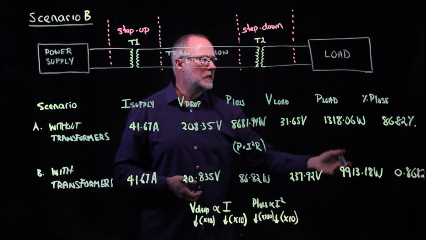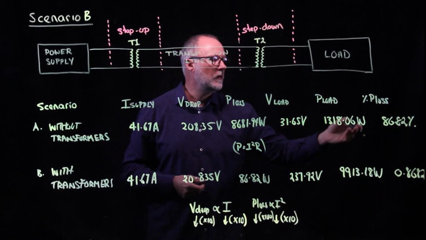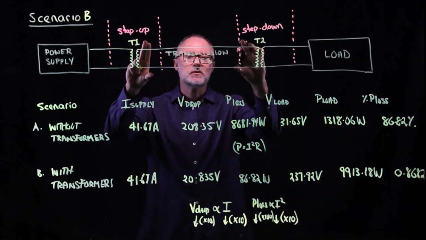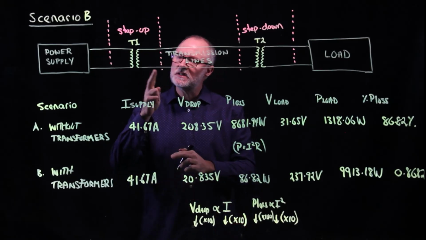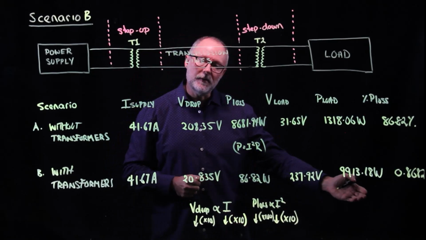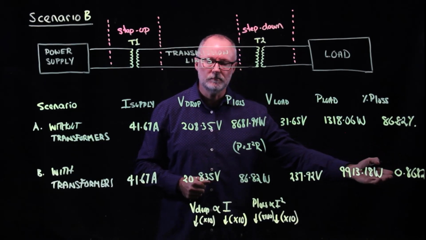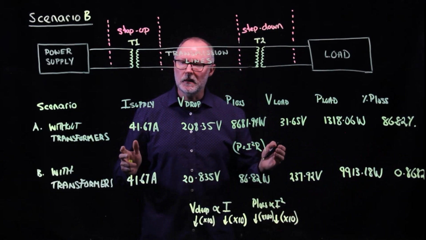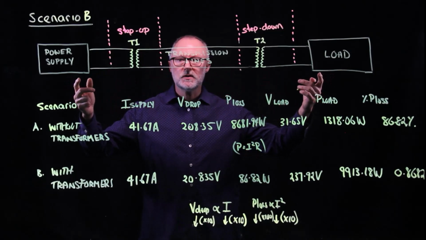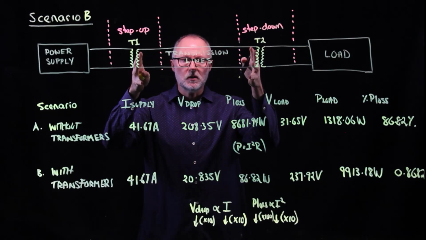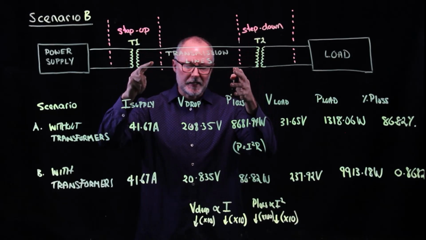Once again, as a percentage, when we have no transformers, we find that 86.82% of the power we started with is lost in the transmission lines. With the step up and the step down transformers, we find that less than 1% of our power is lost in the transmission system. The takeaway message again is, if we have long distance transmissions, we need to step up our voltage for the long transmission lines, which in turn reduces our current.